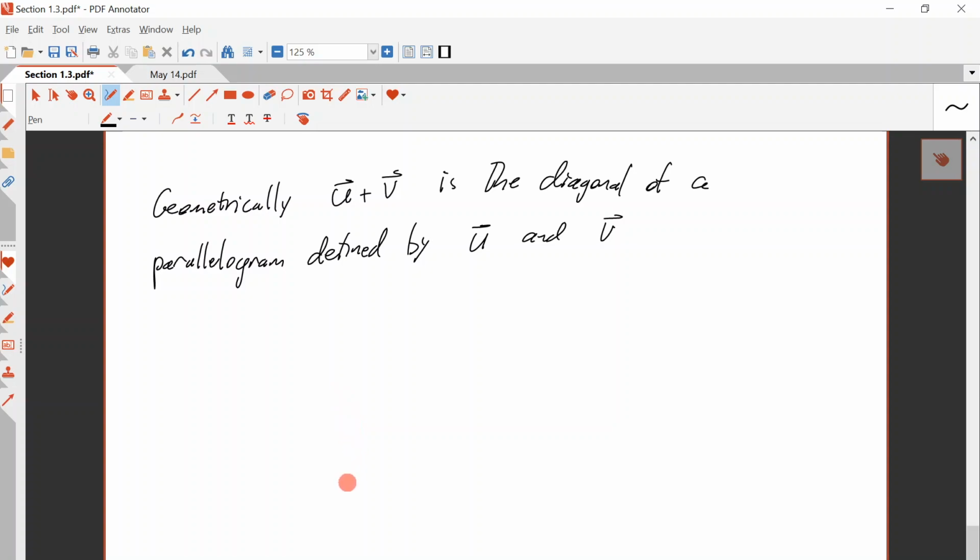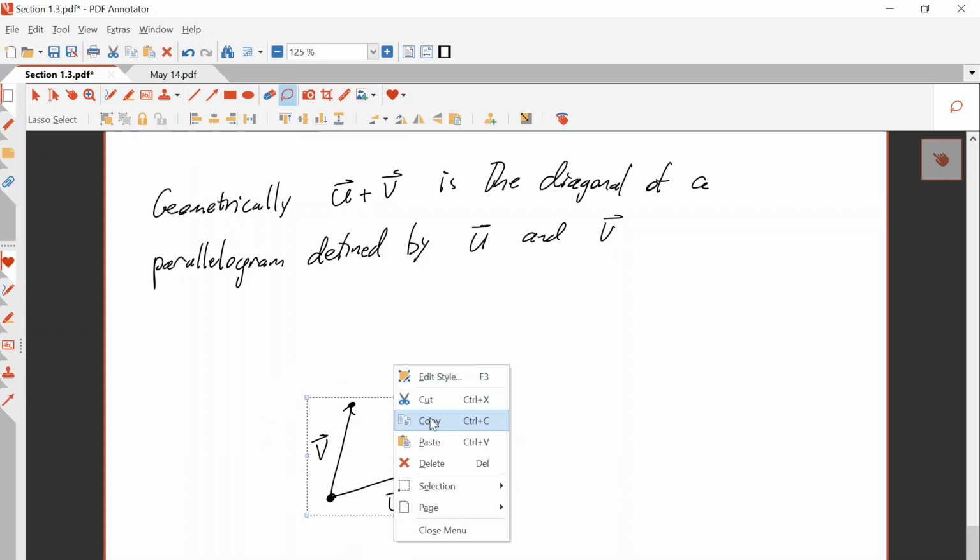So the picture that you should have in your head: if that's vector u, and this is vector v, right here, say, and you put them both with the same tail. As I was saying before, you can always take a vector and give it a different tail. As long as head minus tail is the same vector, then they're the same vector.